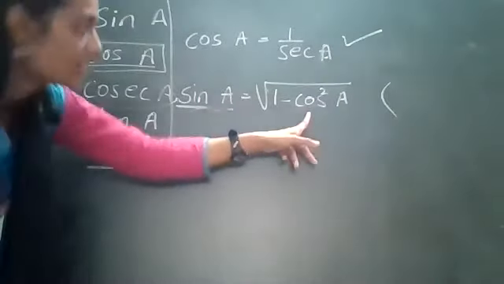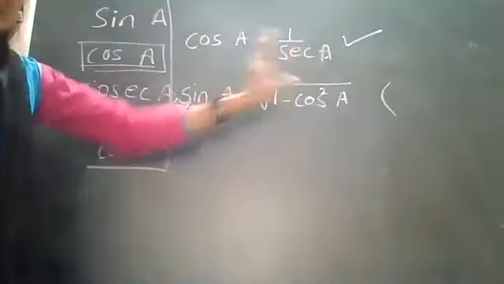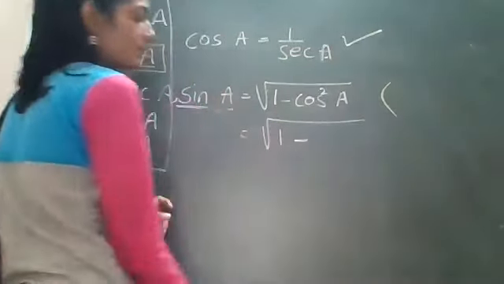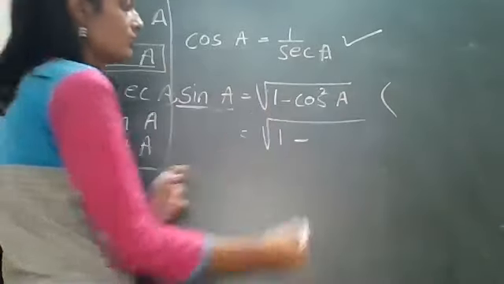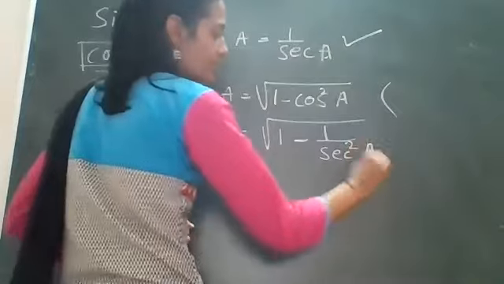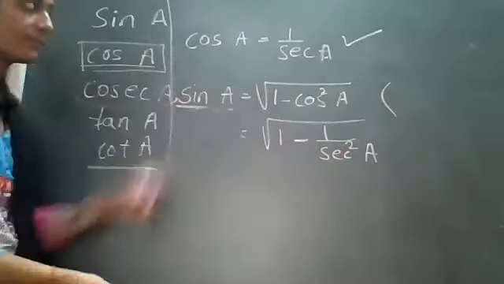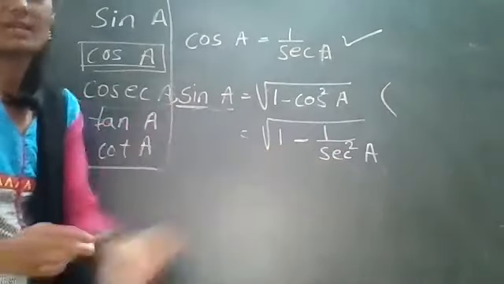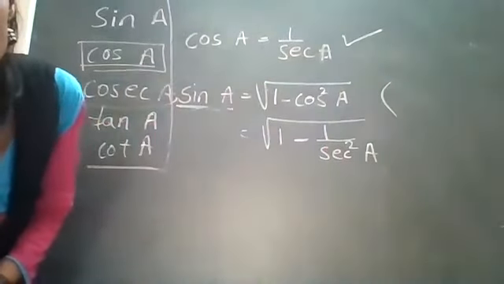Cos square A by putting 1 upon sec square. So we are putting it as 1 upon sec square A, because here we have square, right? So we are putting a square here. 1 upon sec square A.